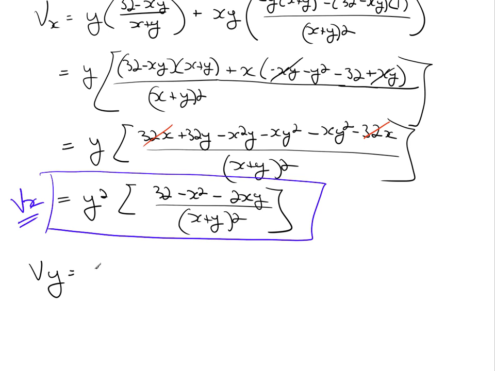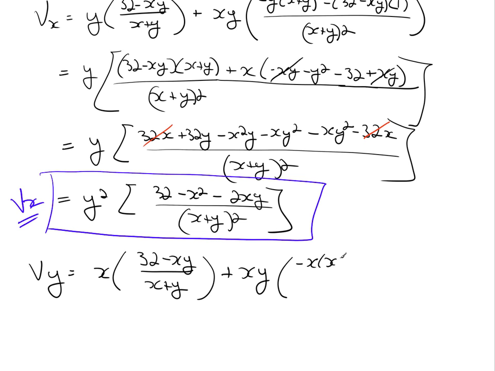I'm going to have x times (32 minus xy) over (x plus y), plus xy times, see, negative (x plus y) minus (32 minus xy), over (x plus y) squared.